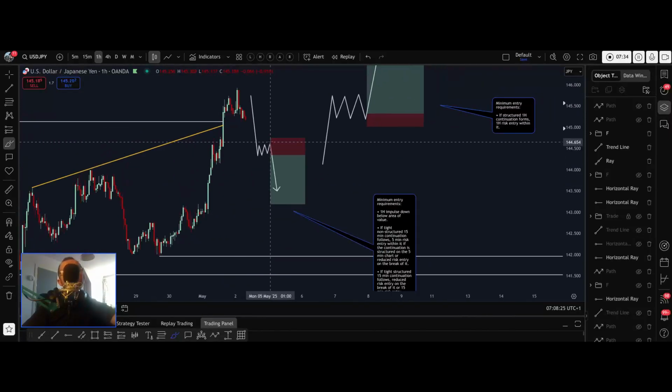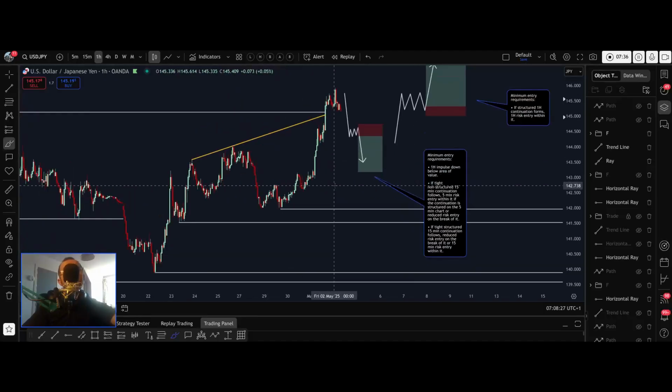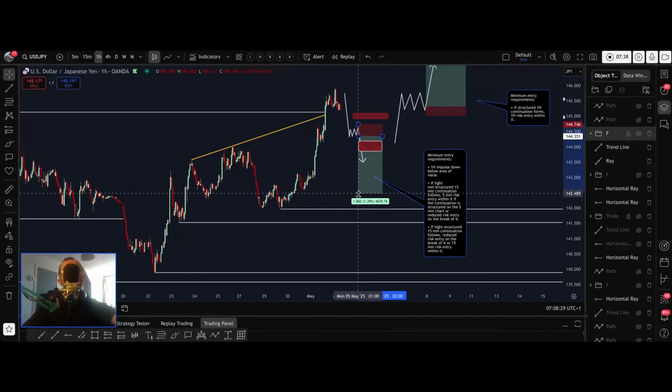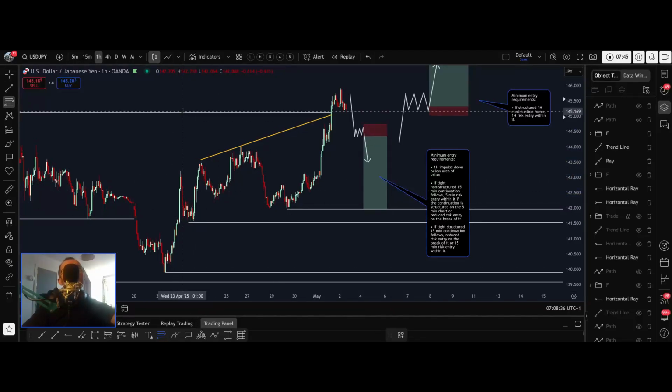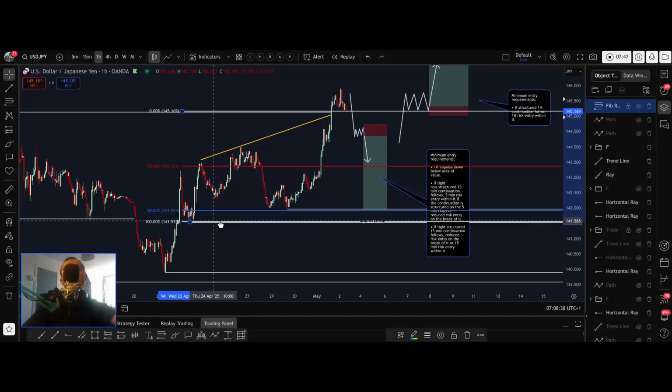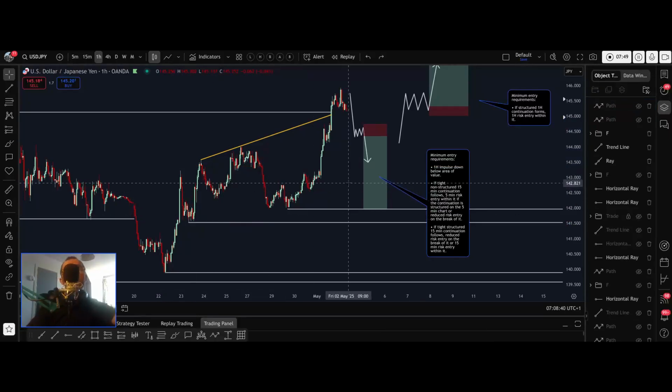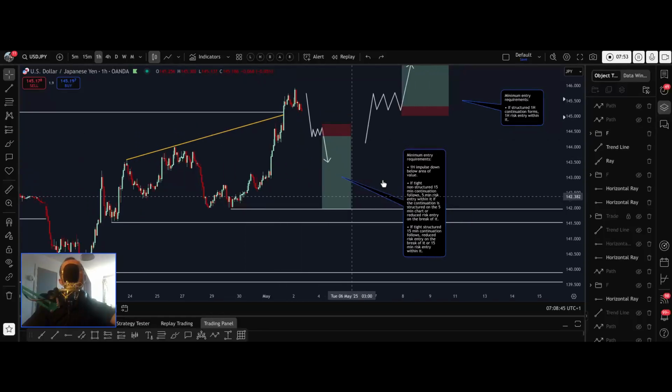Okay, then I would look for the correction afterwards, and I would look to get short, and I would set a take profit down there because that is the near miss to here. Okay, and if we just measured that from the range, that would be almost bang on 90%. Okay, where price can often pull back deeply even if it continues going. So I would set a take profit there.